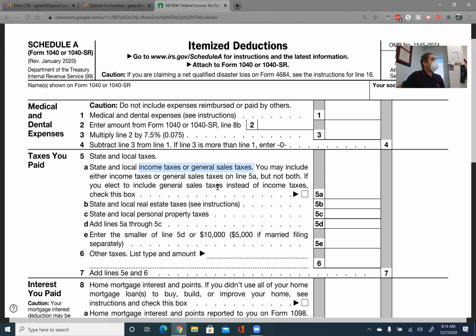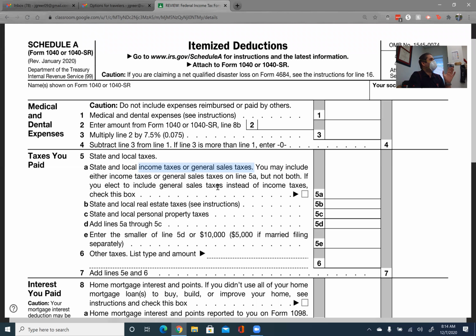And isn't the sales tax already taken out when you make a simple purchase? It is. So you've already paid the sales tax, and now you get to deduct that sales tax from your income taxes. But you don't remember how much you paid.